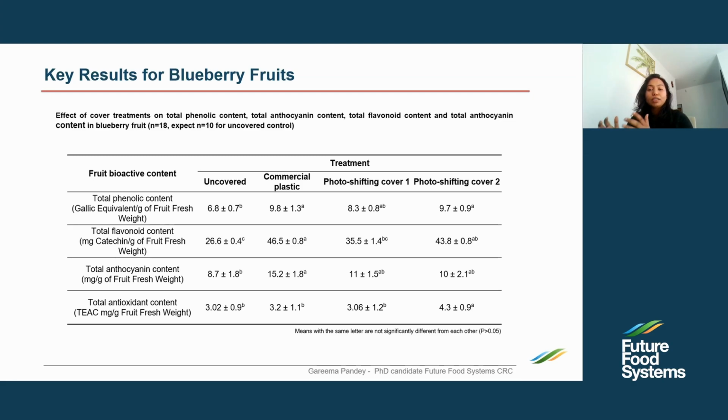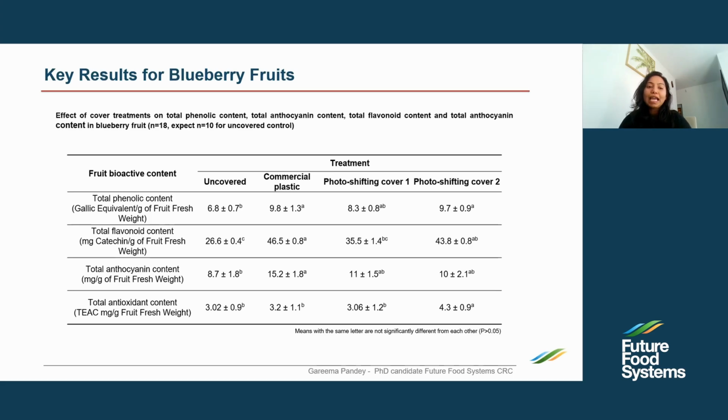However, when we talked about total antioxidant content in the blueberry fruits, the photoselective covers which shifted light towards far red light increased the total antioxidant in blueberry fruits. The reason probably could be the high shading, and the spectra being shifted towards far red wavelength, which resulted in an increase in the antioxidant content.